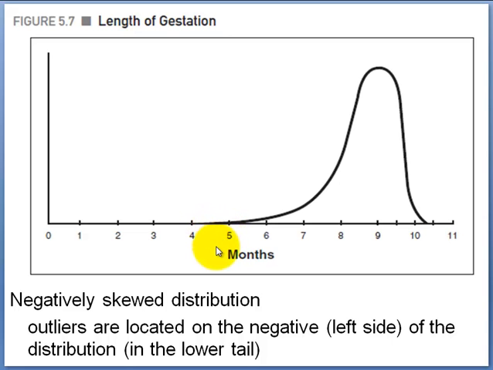I don't know the exact reach of medical science at this point, but even though the numbers are fairly small, some children are being born at times that differ greatly from 9 months, and that extends our tail in the negative direction. So I hope it makes some intuitive sense that length of gestation is a negatively skewed distribution. I'll just sneak in the point that in actual research practice, you will more commonly encounter positively skewed distributions than negatively skewed ones.